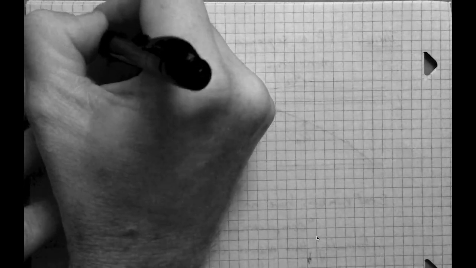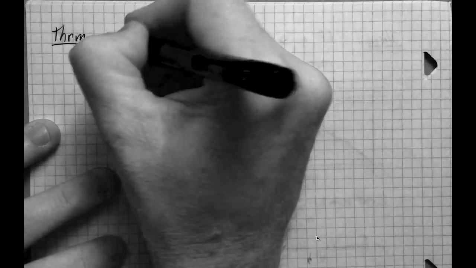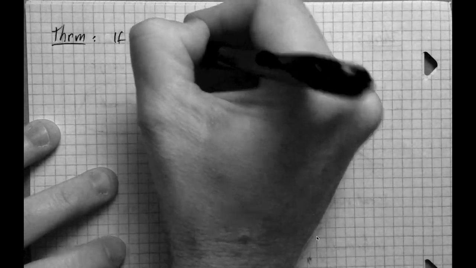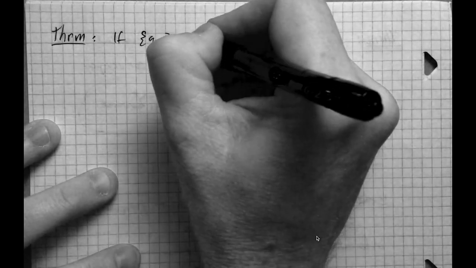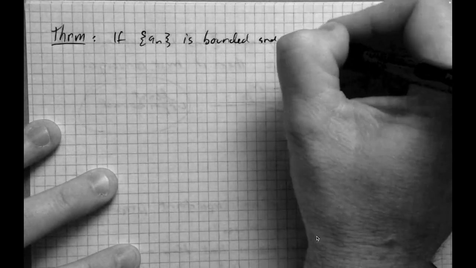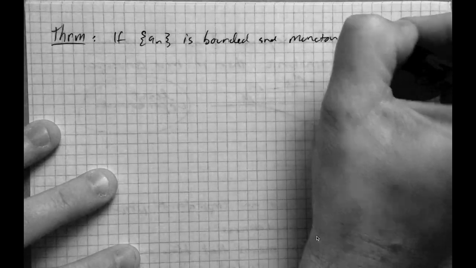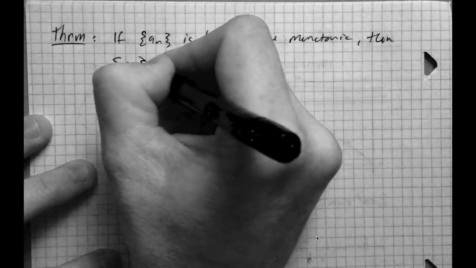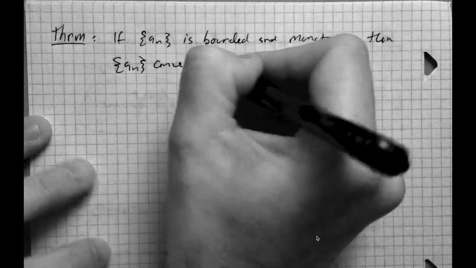So this theorem says if A_n is bounded and monotonic, then A_n converges.